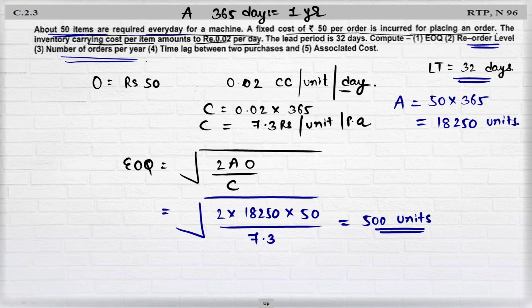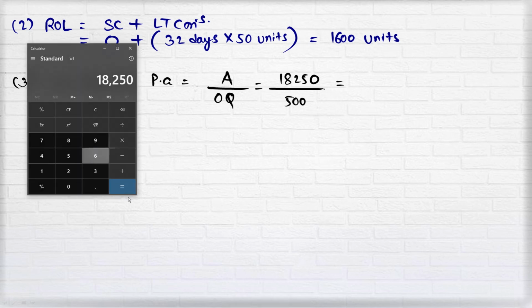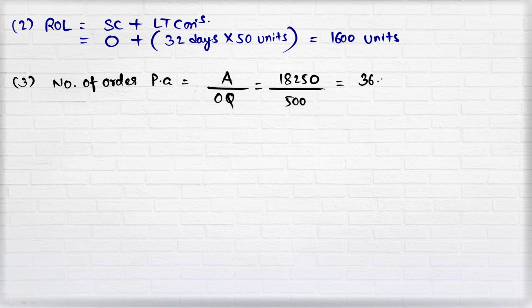In one order, how much you order? 500 units. A divided by OQ is number of orders. What is the answer? It is 36.5 orders per annum.